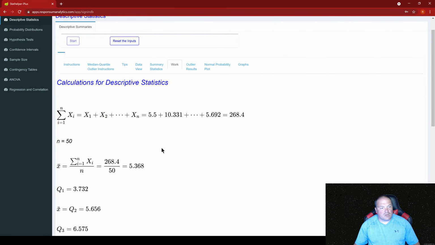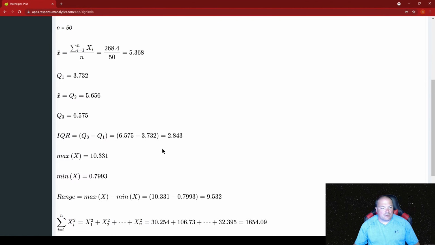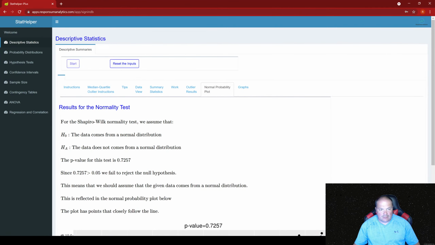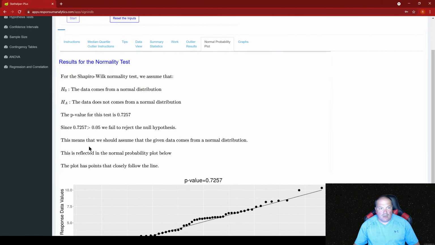Under the Work tab, it'll give you all the work for your usual summary statistics: mean, variance, median, range, things like that. What we're interested in is the normal probability plot. We can see that the p-value for our normality test is 0.7257. When you test for normality, you're looking to see if the p-value is bigger than alpha.